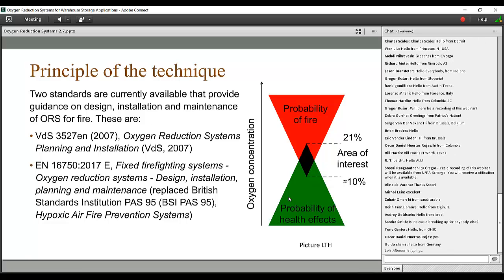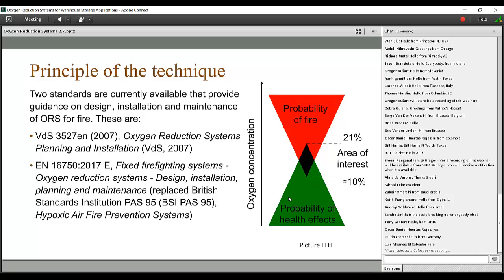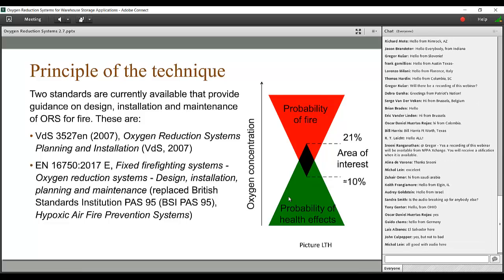The principle of the technique is also described in at least two major standards which talk about design, installation and maintenance. One is the German VdS standard on oxygen reduction systems, the VdS 3527. The EN is the English version.